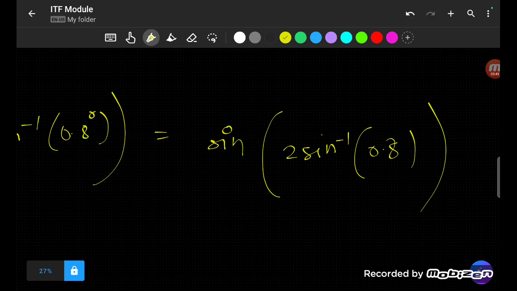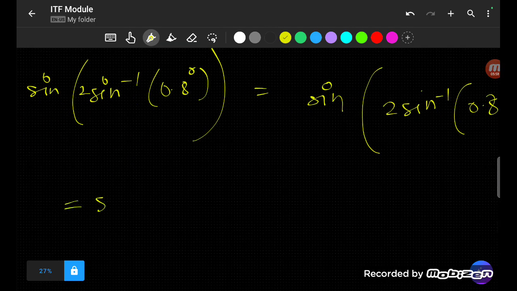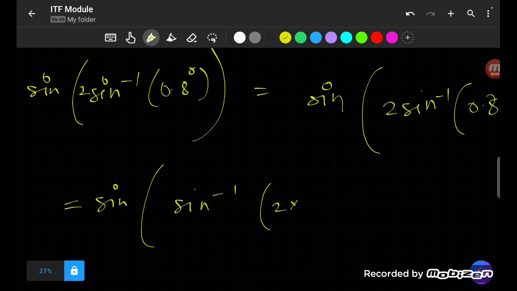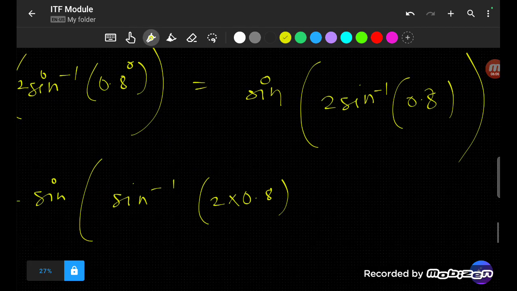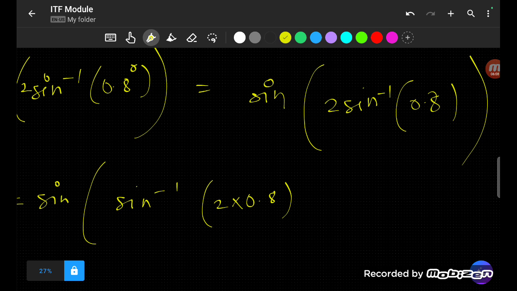So this is 2 sine inverse x. So this will be equal to sine inverse 2 into 0.8, 2 into 0.8 under root 1 minus 0.8 square.